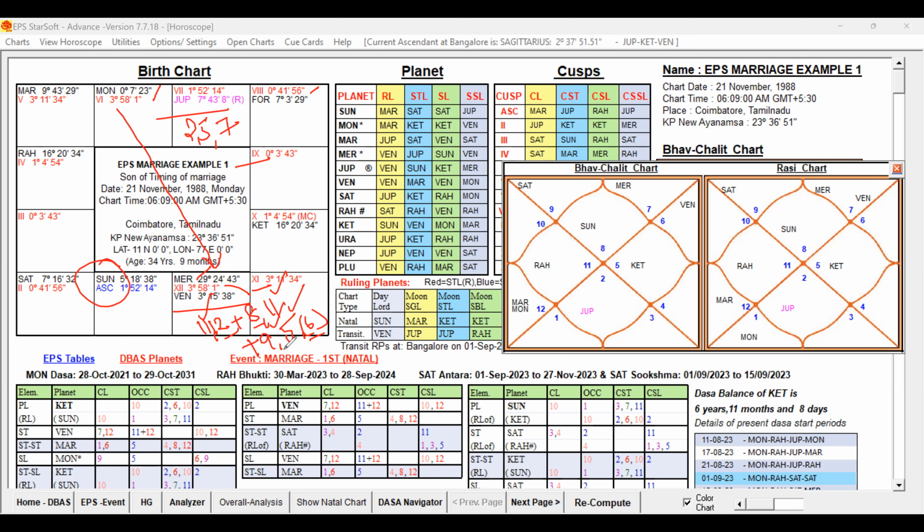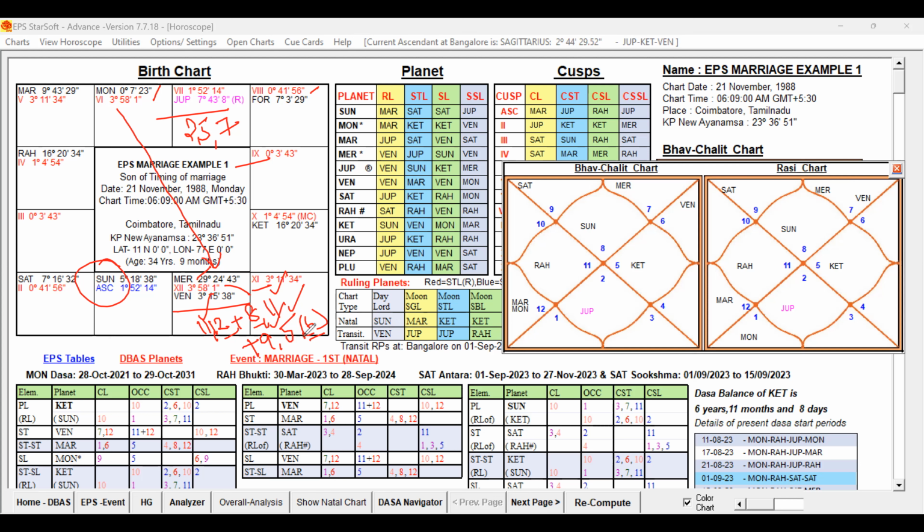If it has some unfavorable in the extended signification, the unfavorable impact is going to be comparatively lesser. The impact will be there, but since CL, OCC and other influences are strongly present, that impact in the extended significations will be comparatively lesser.